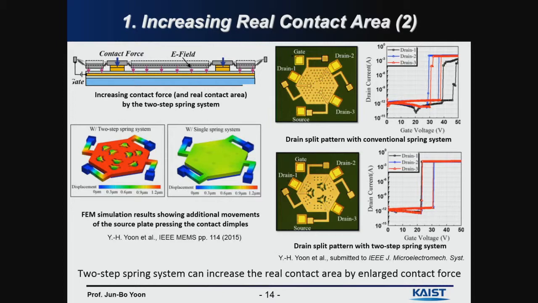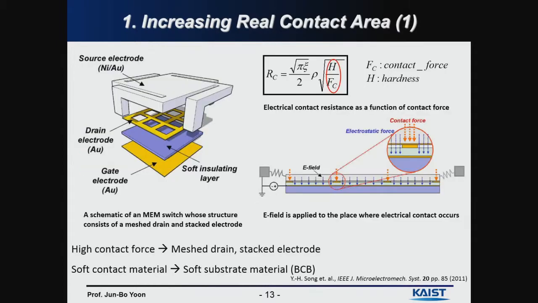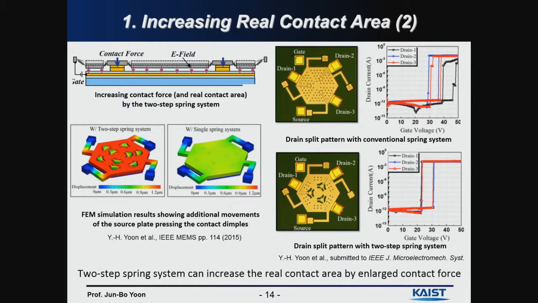You see that we don't know which drain electrodes have a successful contact, because each drain electrode has a different contact voltage, whereas these two-step spring systems can effectively pull down this suspended source plate even after the first contact is made, so that we can achieve a very uniform and nice contact in these entire drain electrodes. So in this way, we can increase the real contact area.